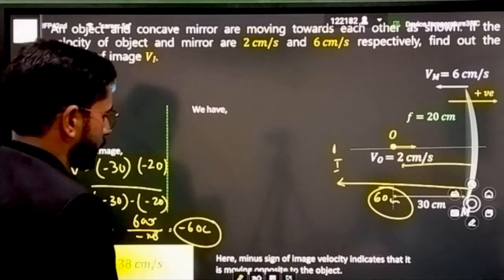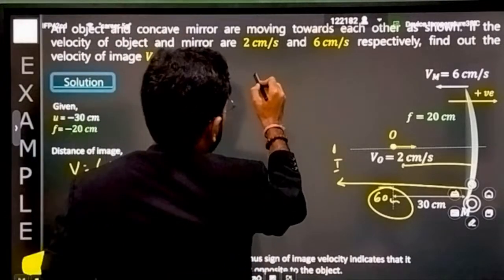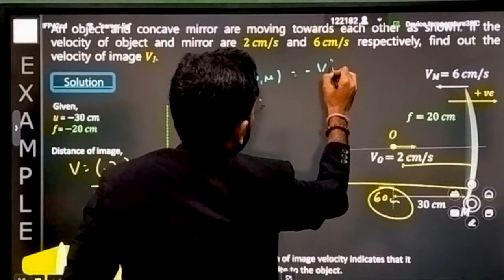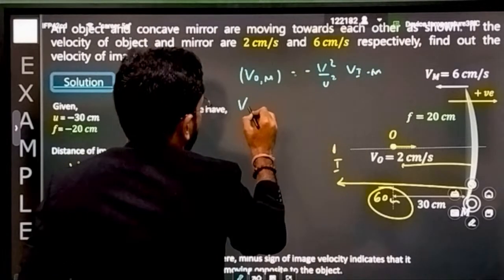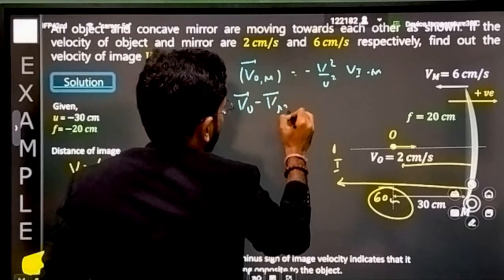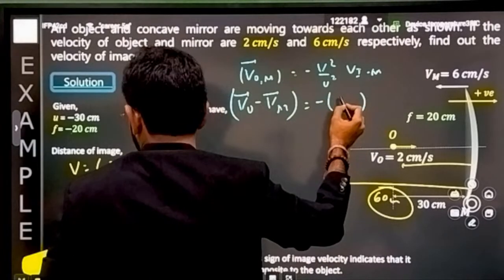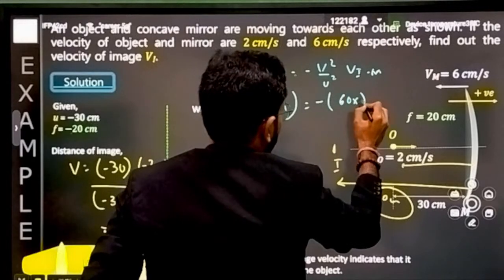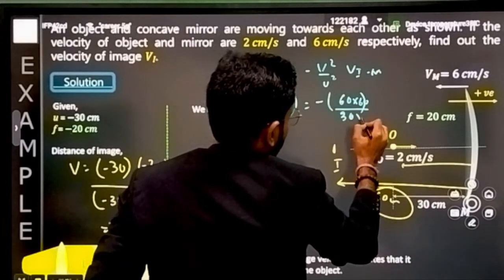Now calculate the velocity of image with respect to mirror. What equation will you write? Velocity of object with respect to mirror is equal to minus v square by u square into velocity of image with respect to mirror. How will you write it? You know relative motion, so it will be velocity of object minus velocity of mirror equals minus v square by u square, with v as 60 square, 60 into 60, and u as 30 into 30.